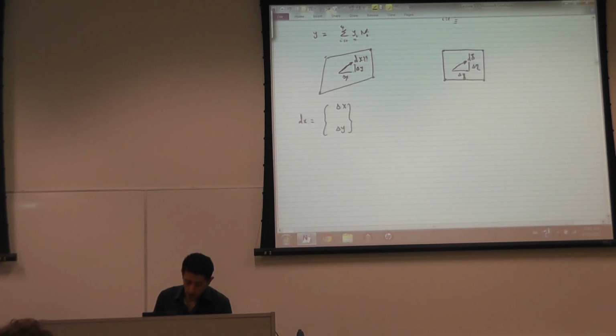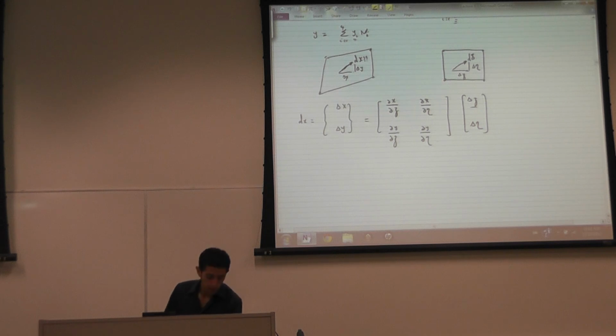The corresponding delta x and delta y will be obtained by the form: partial x by partial capital Xi, partial x by partial eta, multiplied by delta xi, delta eta. Partial y by partial xi multiplied by delta xi, plus partial y by partial eta multiplied by delta eta.